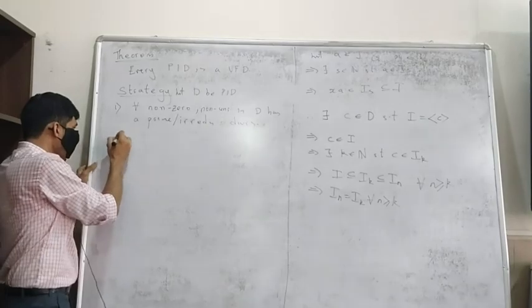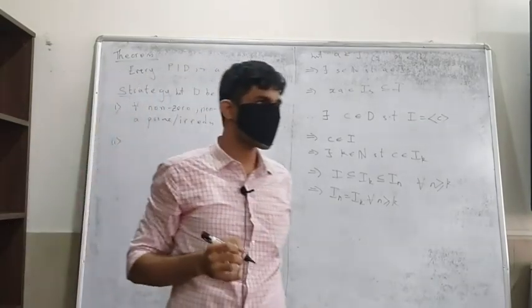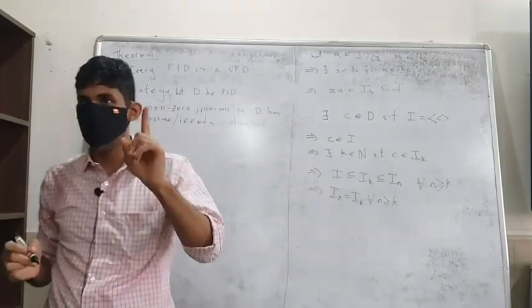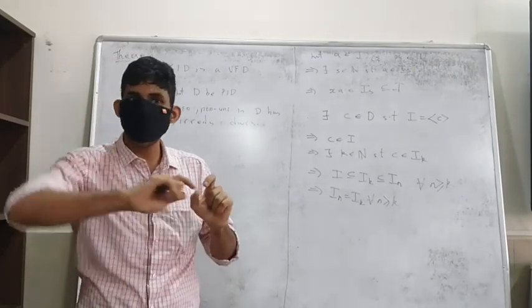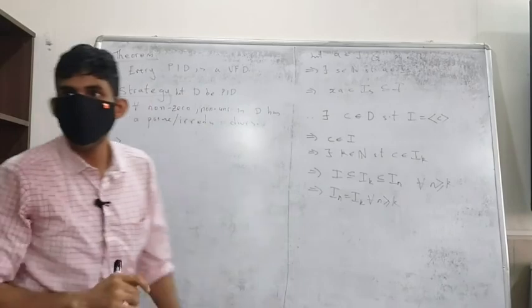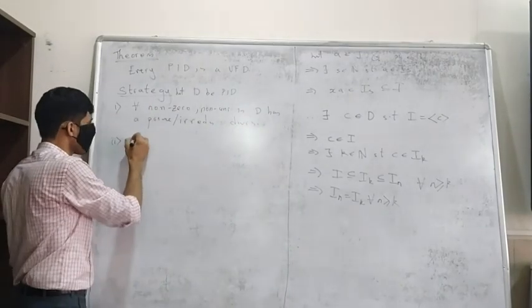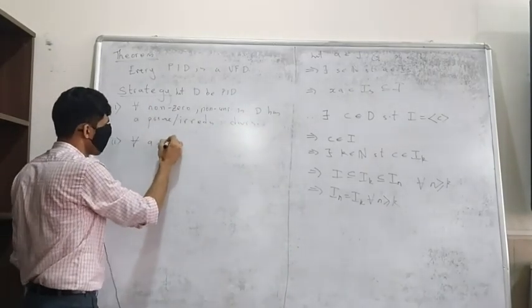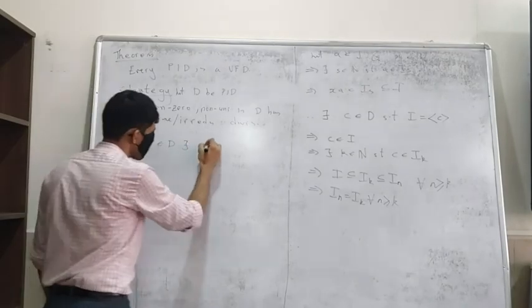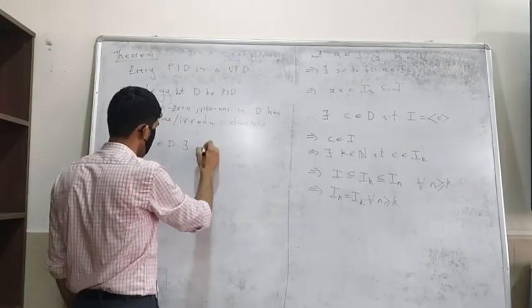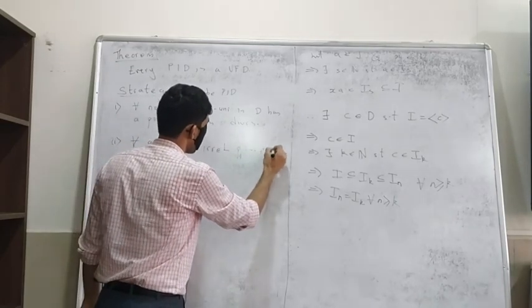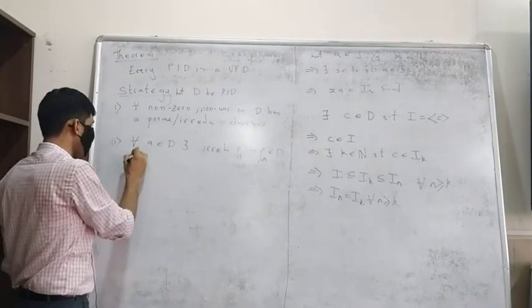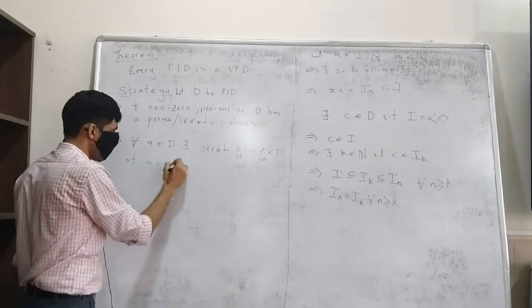And two, I will then prove the first statement of UFD, that is every non-zero non-unit can be written as a product of primes. So for every A in D, there exist irreducibles P1 up to PR in D, such that A can be written as P1 up to PR.